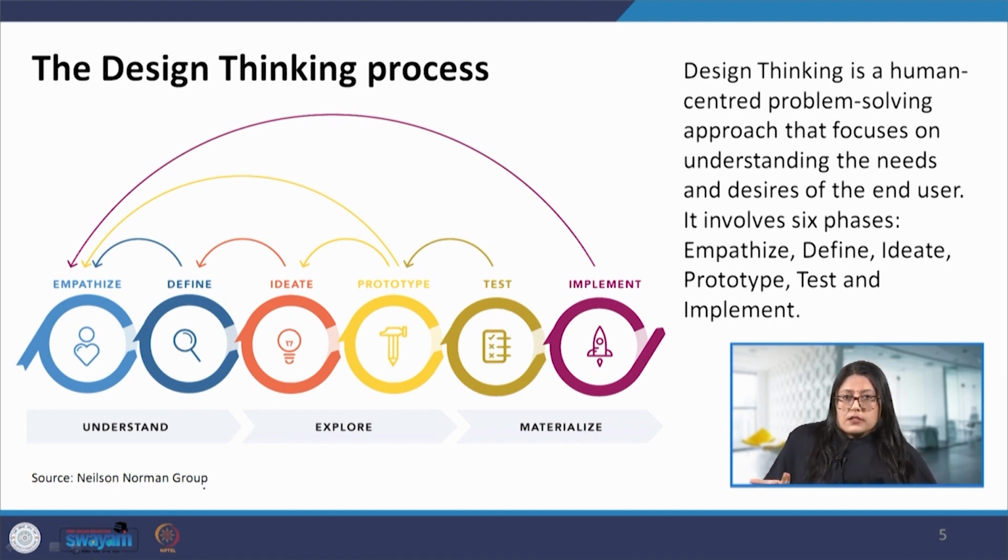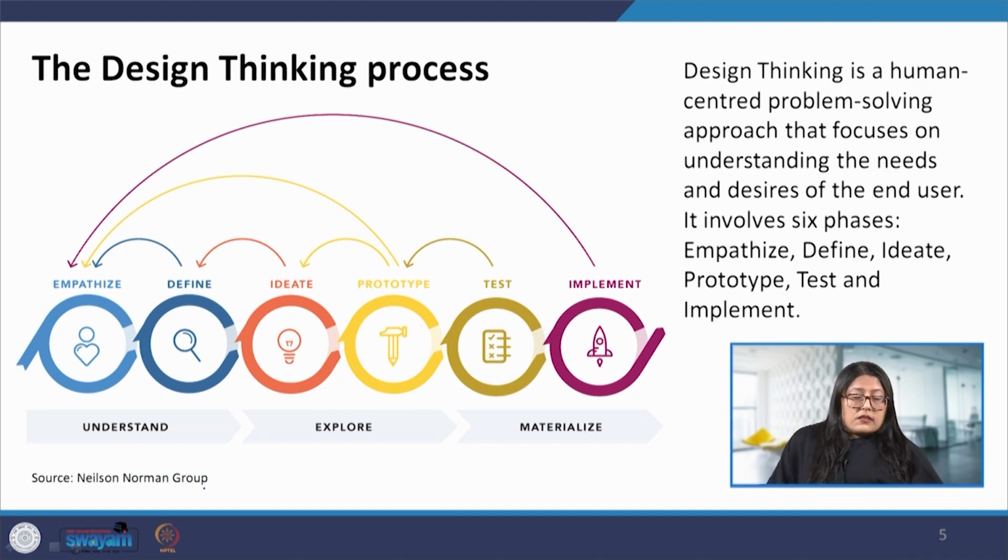Now, the next step here is to ideate. Here we generate ideas and there is no restriction in this particular stage. The whole team is free to come up with interesting, out of the box ideas that may or may not be implemented. But this stage requires the team to come up with multiple ideas so that we can then be able to choose the best out of these.